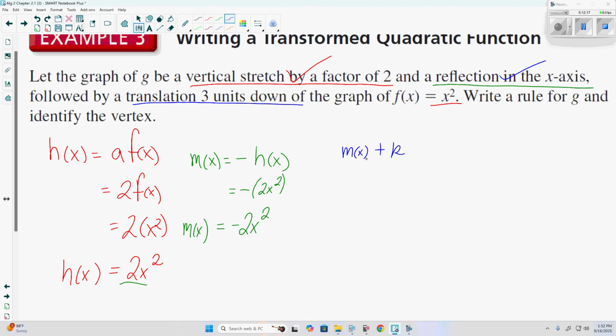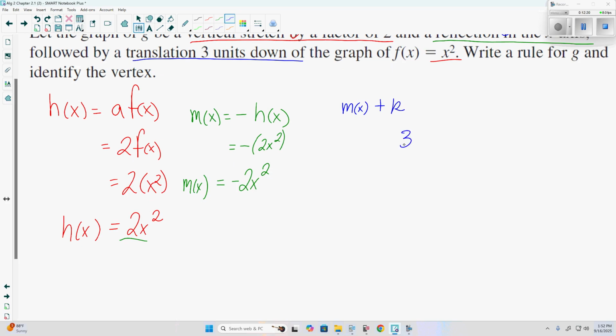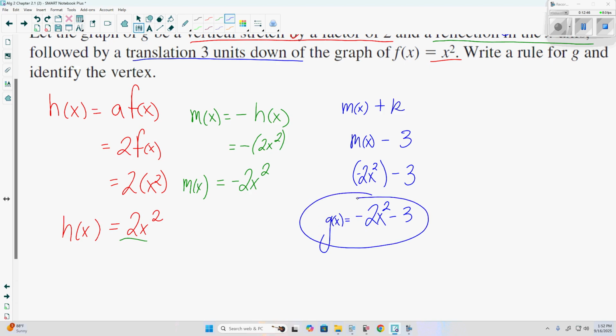The amount that we're moving is 3, so the value of k is 3, but because we're going down, it would be minus 3. Now that we have that plugged in, we can replace m of x with its function and then drop the parentheses, telling us that it's negative 2x squared minus 3.